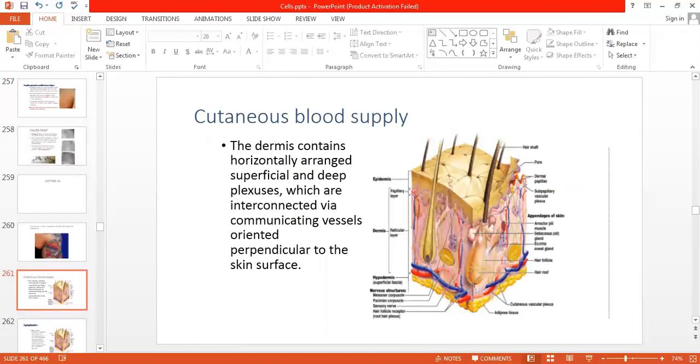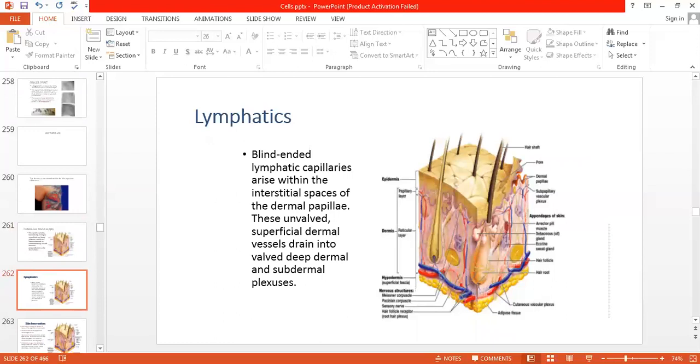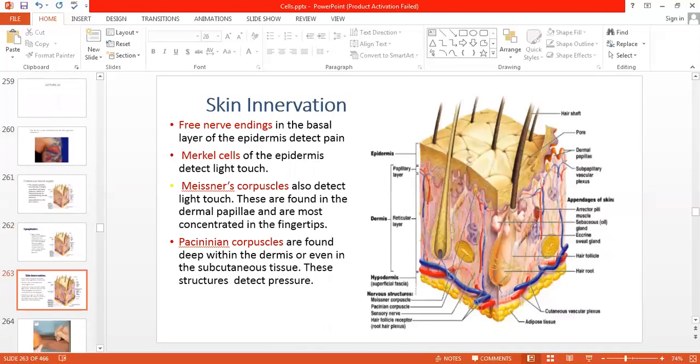We talked about the subcutaneous blood supply, meaning the skin blood supply. The lymphatic system we have discussed. Skin innervation we have discussed. There are different types of nerve endings present in the skin: free nerve endings in the basal layer of the epidermis, Meissner's corpuscles, which give light touch sensation, and Merkel cells, which also give light touch sensation.